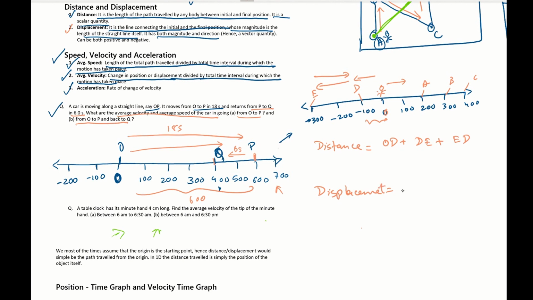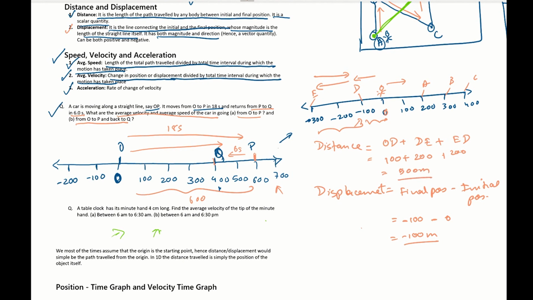And displacement is nothing but the final position minus the initial position. The final position is minus 100, right? And the initial position is 0, making it minus 100 meters as the displacement, whereas distance over here is nothing but the length of O to D, which is 100, plus D to E, which is 200, plus again E to D, which is 200, making it 500 meters.